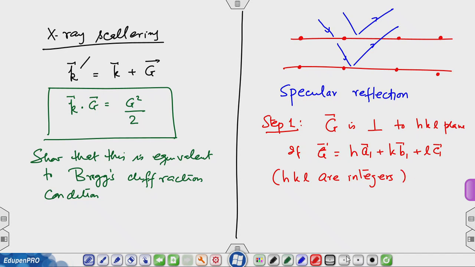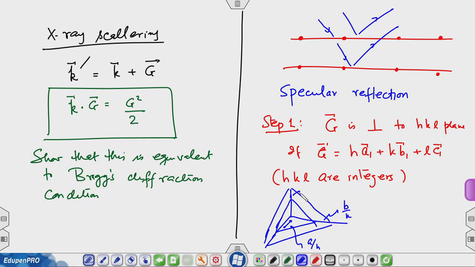So, this is a reciprocal space vector. How do we show that? If I look at the HKL plane, the intercepts it has are A over H, B over K and C over L.